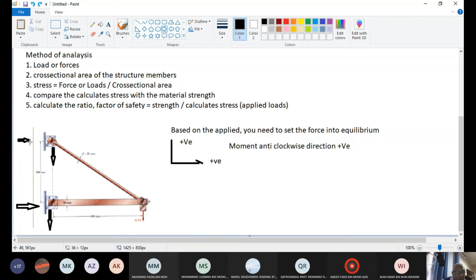So this 30 kilonewton will be reacted through this two force system to get equilibrium.